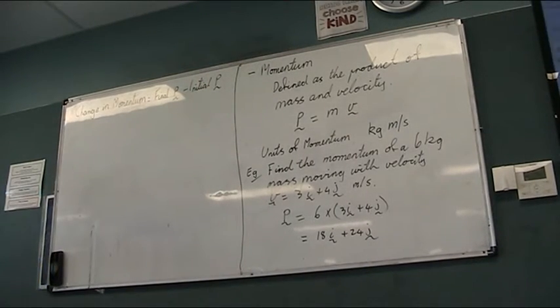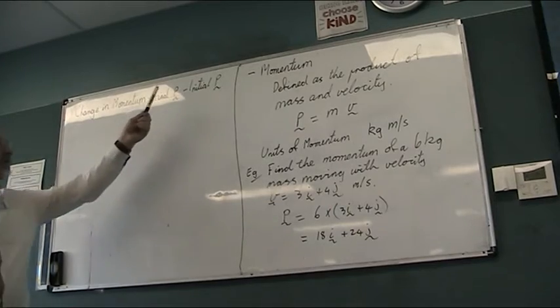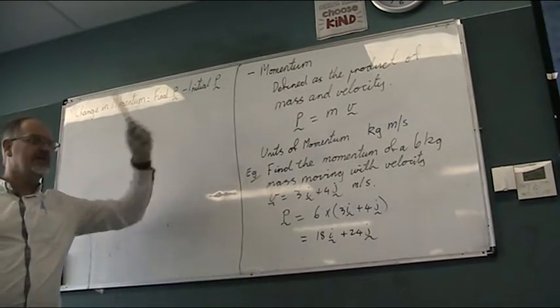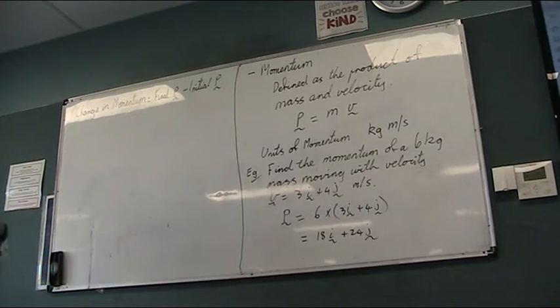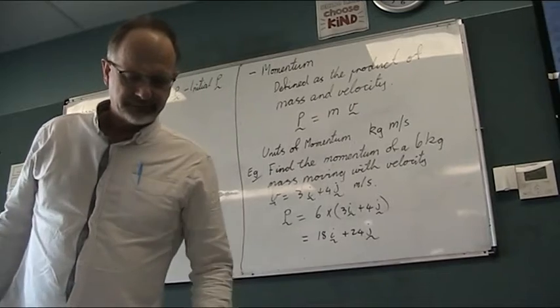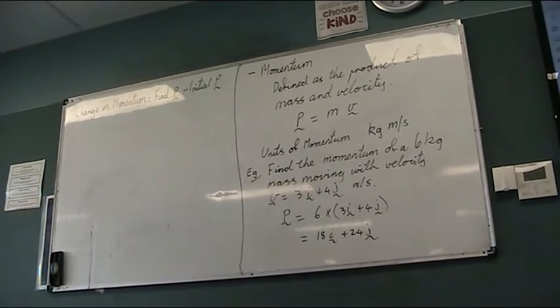Right, so if we're ever looking at a change in anything, it's always the final minus the initial. In this case it's momentum, so it's our final momentum minus our initial momentum. Alright, anything about that so far?